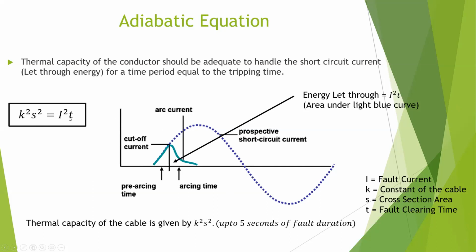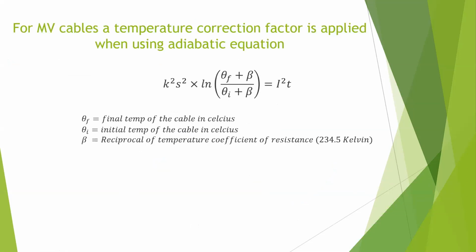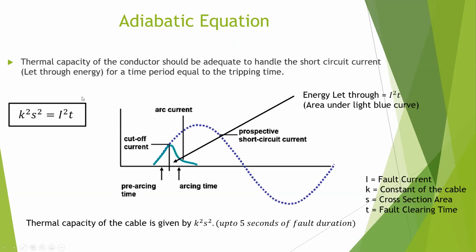I is the fault current, T is the tripping time, S is the cross-section area of the conductor, and K is a constant of the conductor. Usually K will be given. There are ways to calculate K also, but at bachelor level we are not going to see those. So this is the adiabatic equation you saw in the electrical installation.